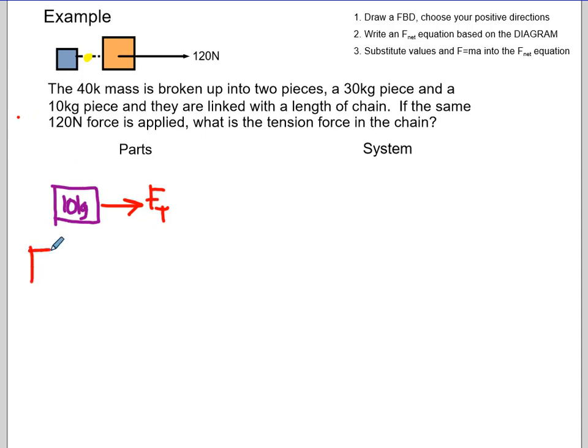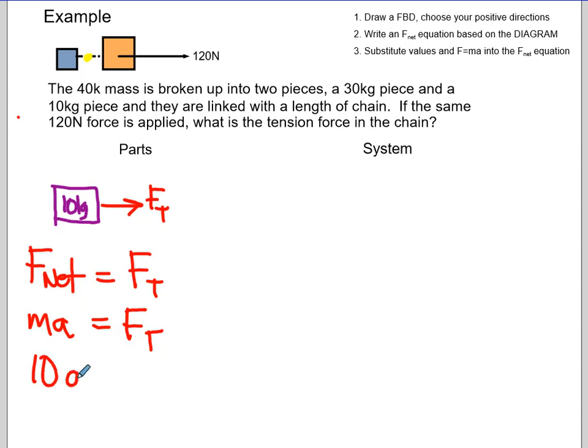So if I write my F-net statement for the 10 kilogram box, I could say F-net equals the tension force. I can replace F-net with ma, and the mass of that is 10 kilograms.